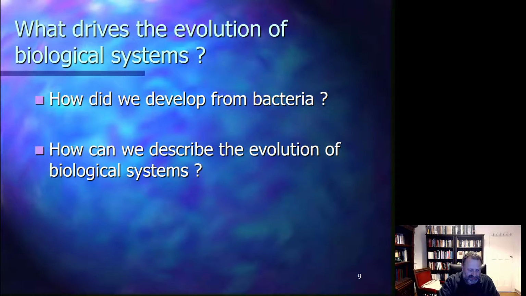How do we develop from the single cell bacteria to the multicellular organisms and then to the organisms which interact between themselves to form complex social systems? So how can we describe this? Now, of course, there are already lots of theories about evolution, but how can we describe this in a more formal, more clearly conceptualized way?